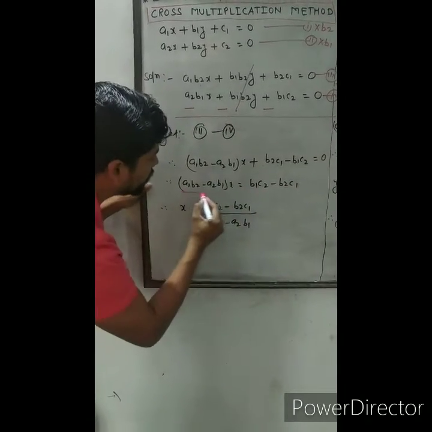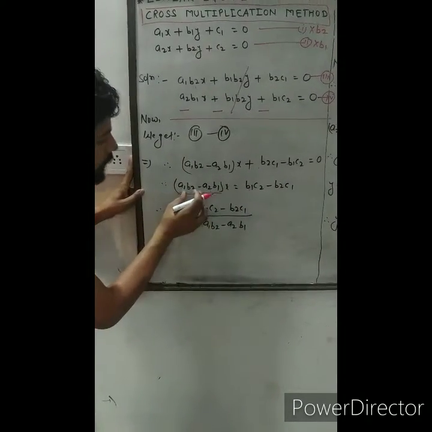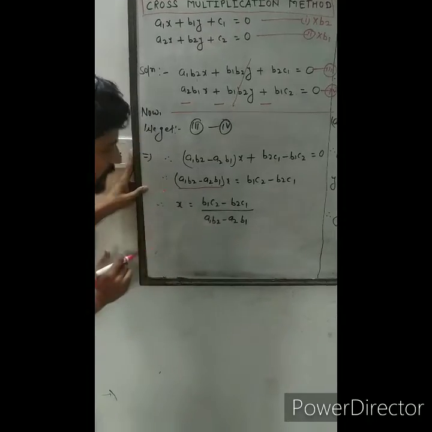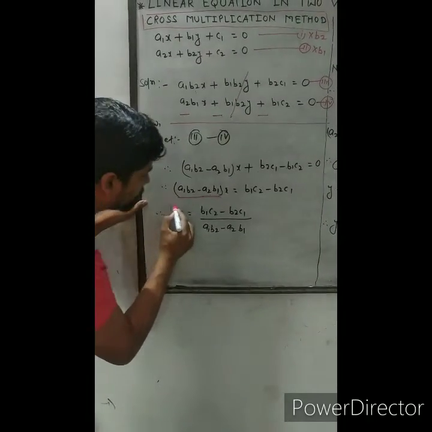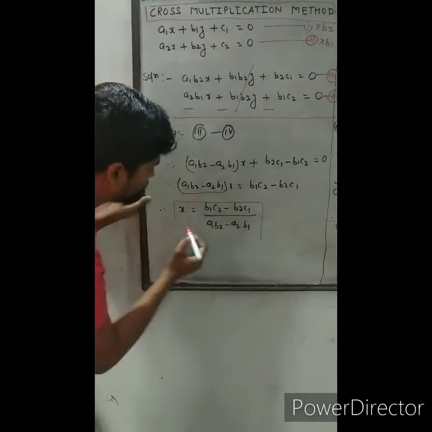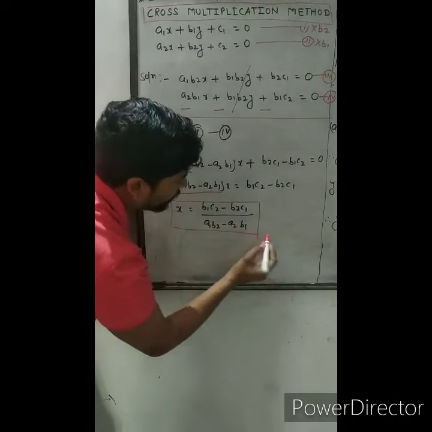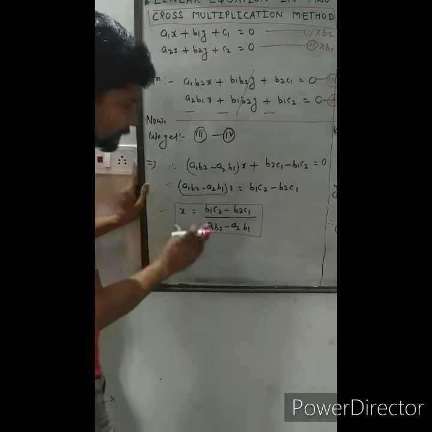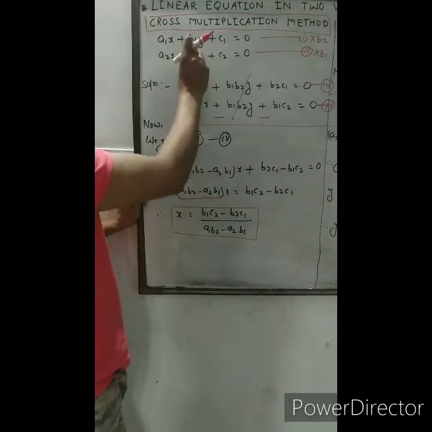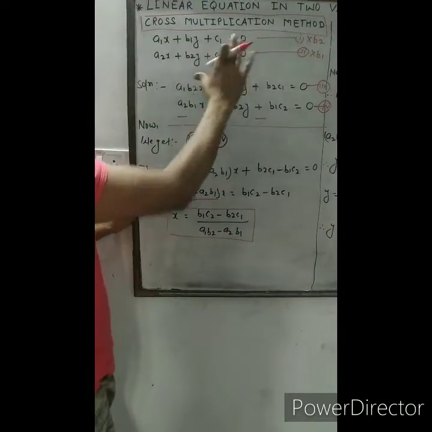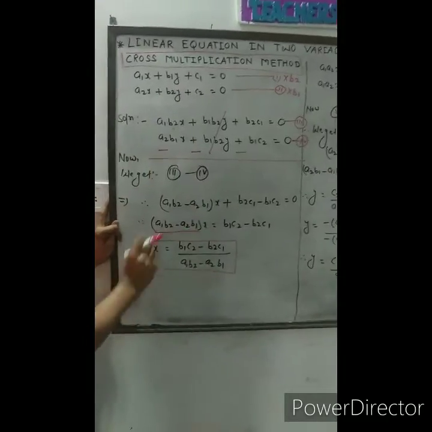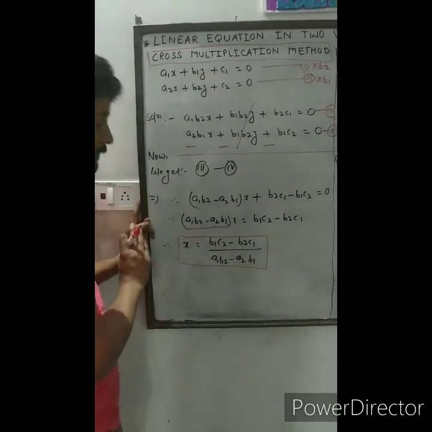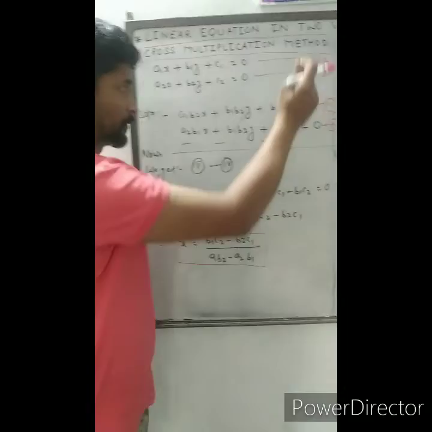Now move a1 b2 minus a2 b1 into the division side. So this is the formula of x to finding the value of x. With the help of cross multiplication method, we can directly put the coefficients of the given equations and find out the x. Now look at the next one.